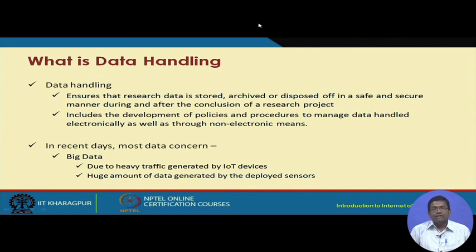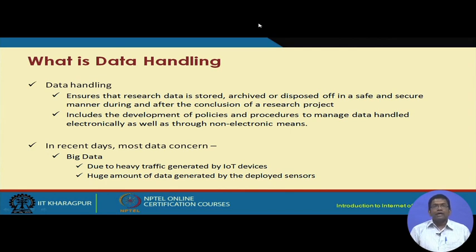So, in the IoT sphere, most of the data has certain features which are analogous to the features of big data. In other words, we are talking about IoT systems producing big data, and what is big data, that we will understand later, but for now we will just conceive of big data as data that is extraordinarily big in different ways, and what those ways are, we will see later on.